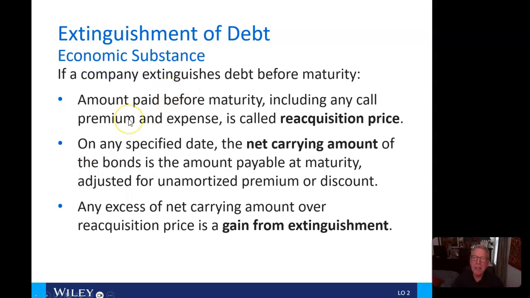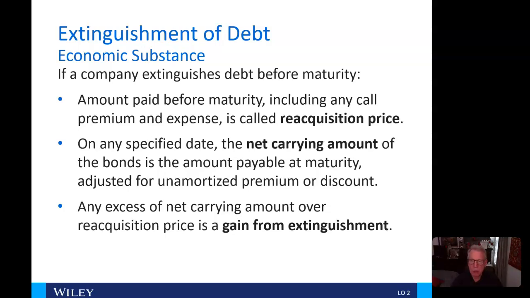If the company extinguishes the debt before maturity, however, that's a little different. The amount paid before maturity, including any call premium and expense, is called the reacquisition price. On any specified date, the net carrying amount of the bonds is the amount payable at maturity, adjusted for unamortized premium or discount.